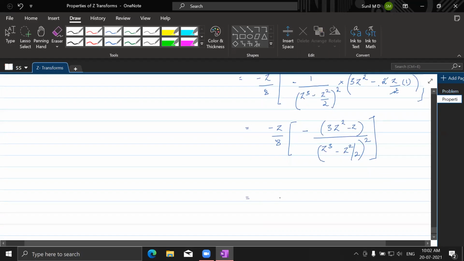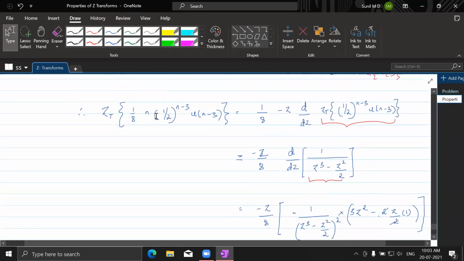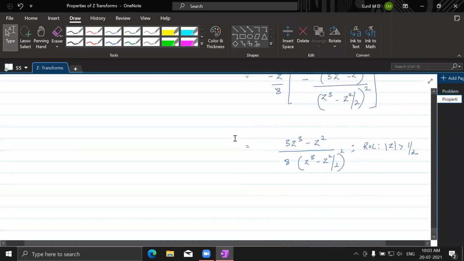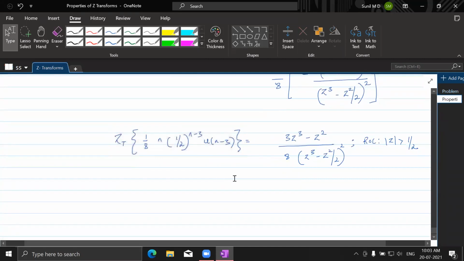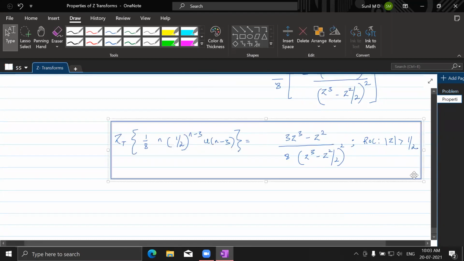I can now write this as 3z cube minus z square divided by 8 times z cube minus z square by 2 whole square, with ROC z outside the circle with radius half. So this is the Z transform of this. So this is how we do this problem. These are all very tricky problems. If you solve this, only then you'll have the clarity, otherwise no. So you have to practice it a lot.